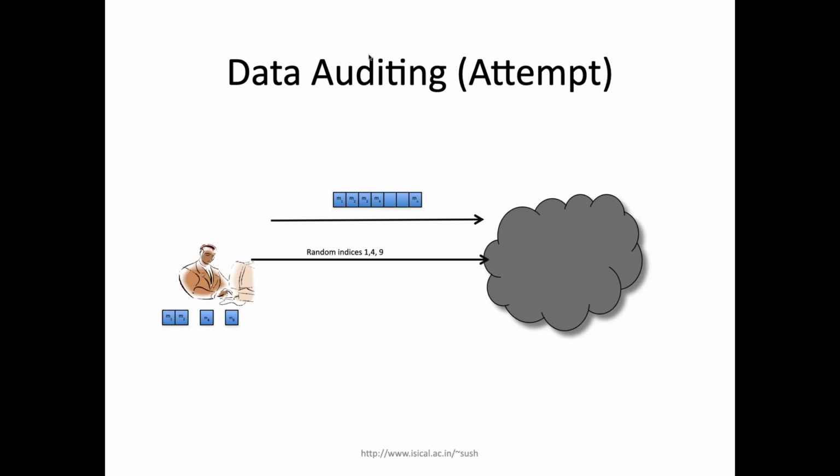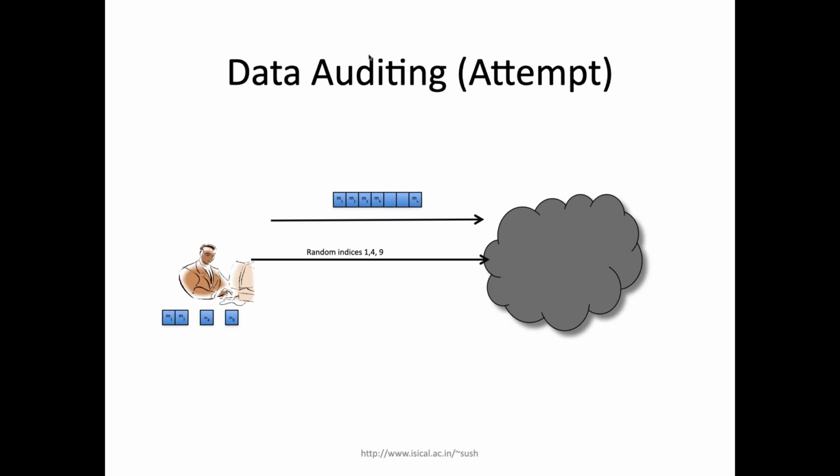And you can ask for random indices that you have maintained with yourself. Here on the left, you see the data owner who has kept with himself only a few blocks and sent the bigger file to the cloud server.